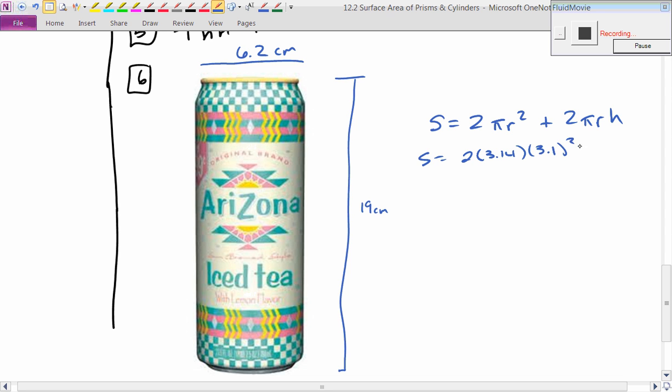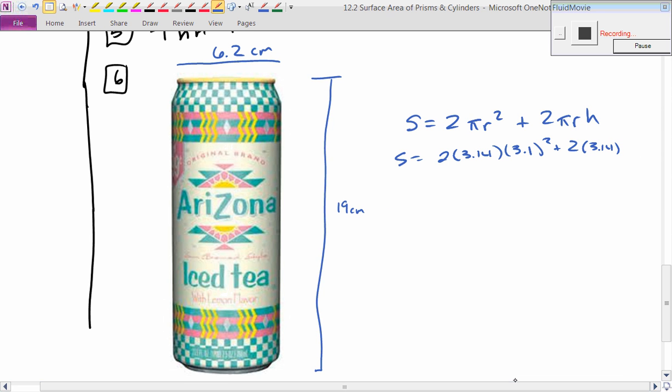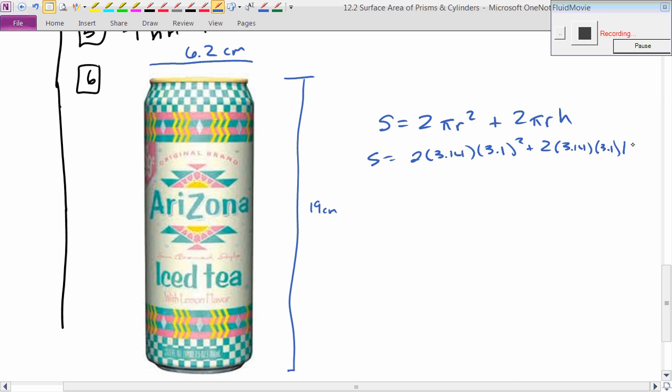Very good. Squared. Plus 2 times 3.14 times the radius, which is 3.1, because it is the radius, right? Half of 6.2, yeah. And then the height is 19. So our surface area, how much area do we have in square centimeters to work with for the logo drawing here?